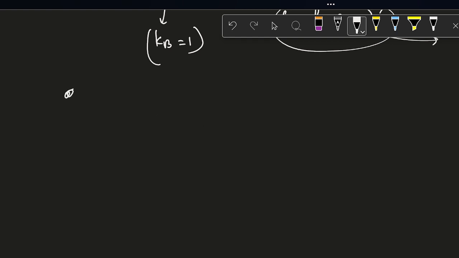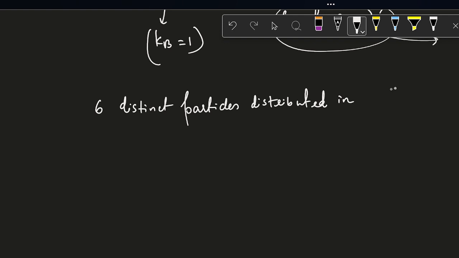There are 6 distinct particles that are distributed in 3 non-degenerate energy levels, and those energy levels are 0, E and 2E. So these are the 3 energy levels that the particles are distributed in.